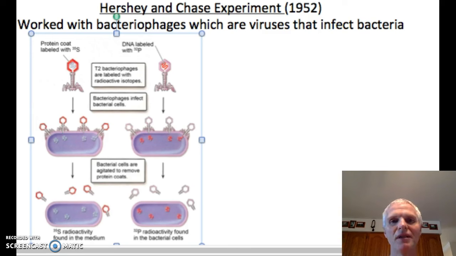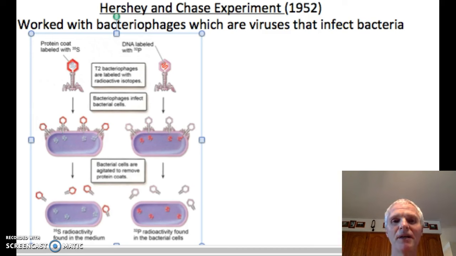They labeled the protein coat with a radioactive isotope called sulfur-35, and they labeled the DNA with radioactive phosphorus-32. And then they mixed these phages, these viruses, with the host bacteria.